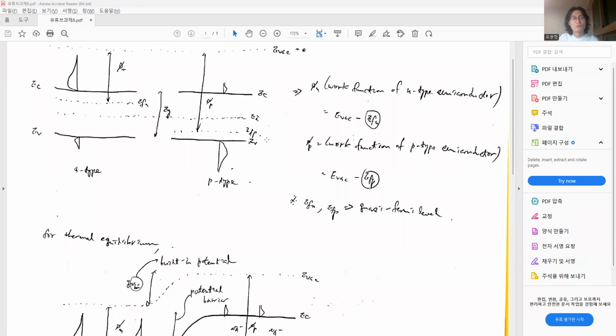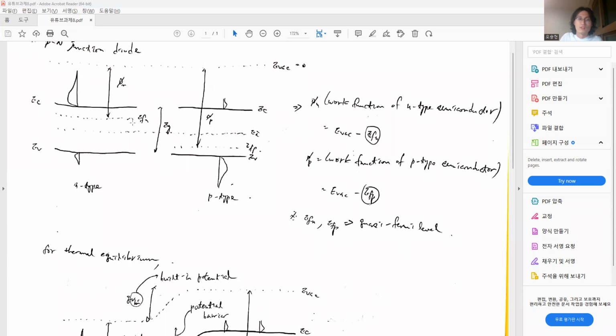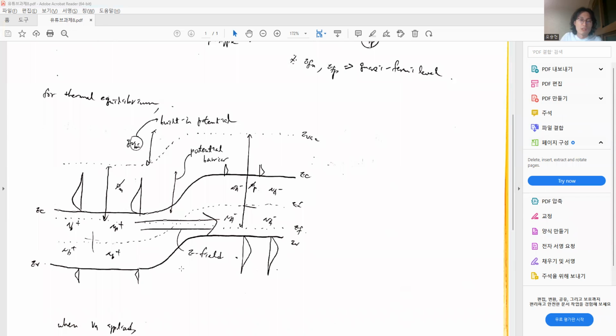So to make the thermal equilibrium state, we can make the Fermi level energy of each type of semiconductor in the same level, so we can make that downward, to make the band shape of the N-type semiconductor downward, and illustrate the band shape like this.